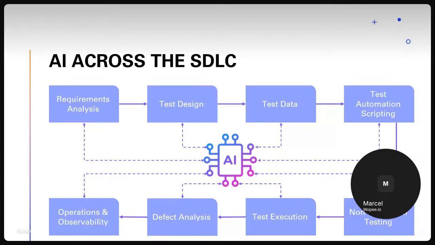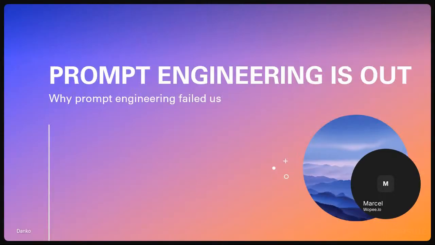We also see AI ops agents that can perform really well. They are connected to many systems, and they can save quite a lot of time in providing operations and observability. So this was the big picture of the software development lifecycle.